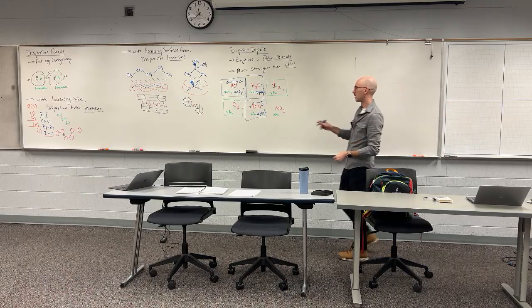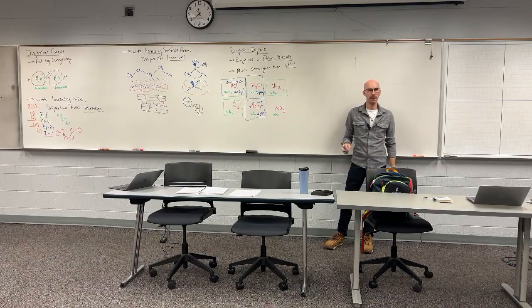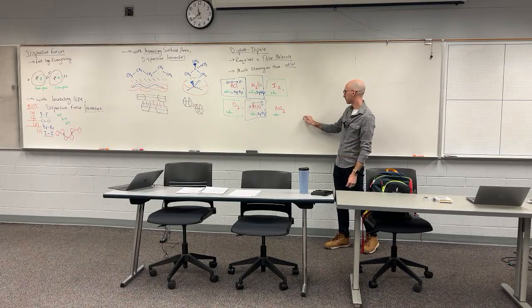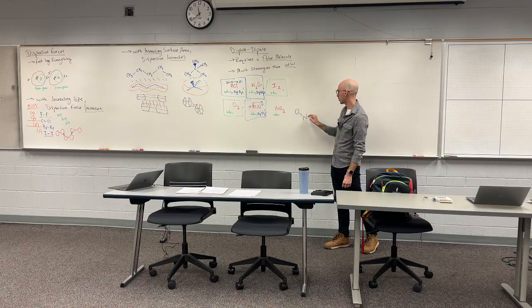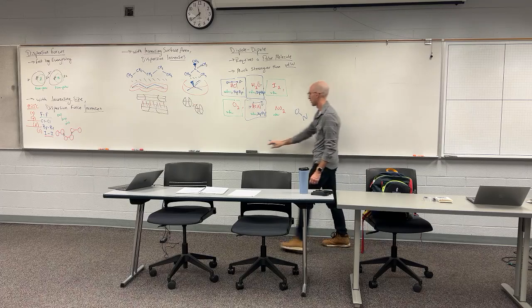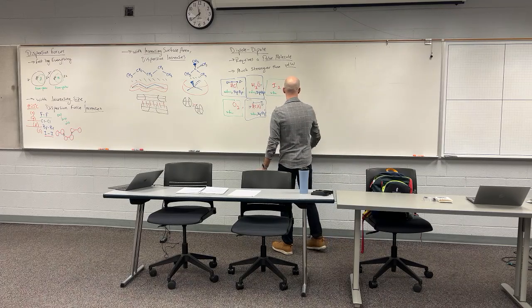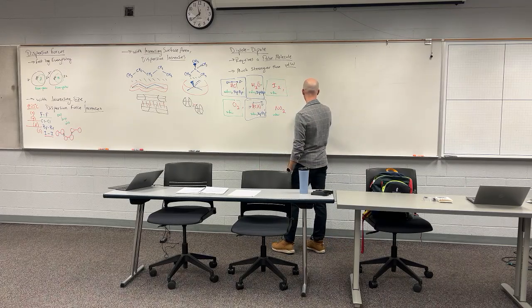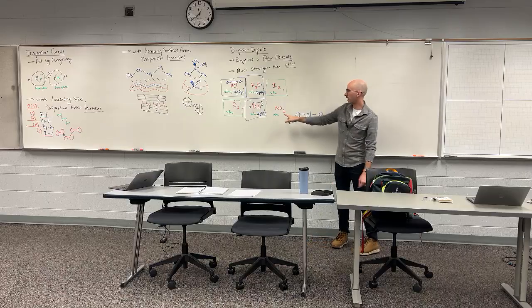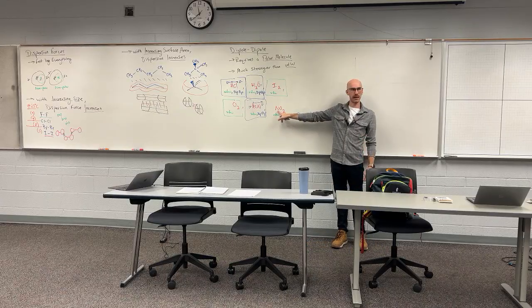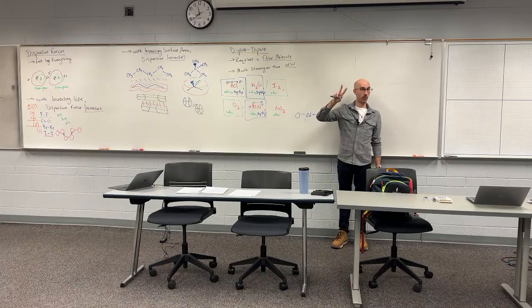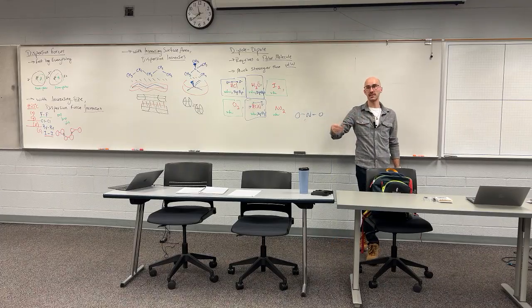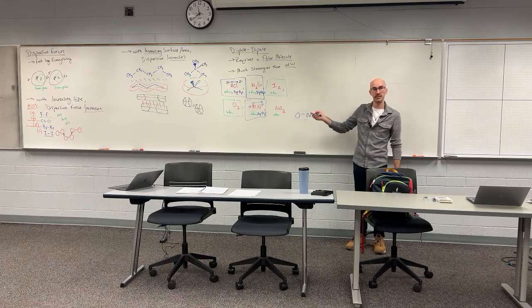Let's draw it. What atom goes in the center? I'll bond to each oxygen once. I should have 5 electrons from nitrogen, 6 electrons from oxygen twice. 6 and 6 is 12, 12 and 5 is 17.